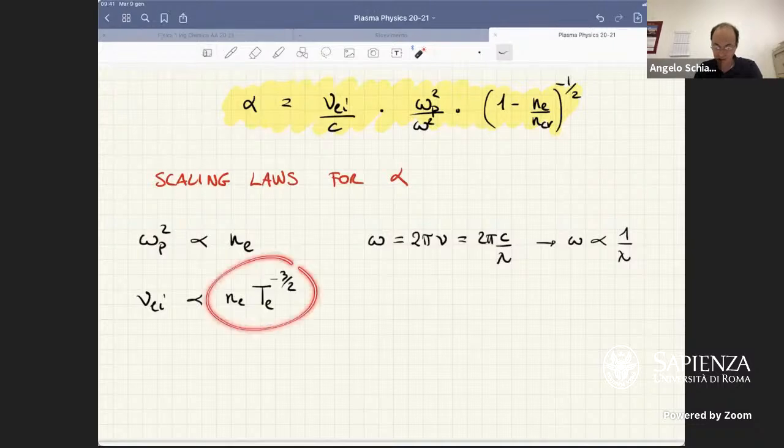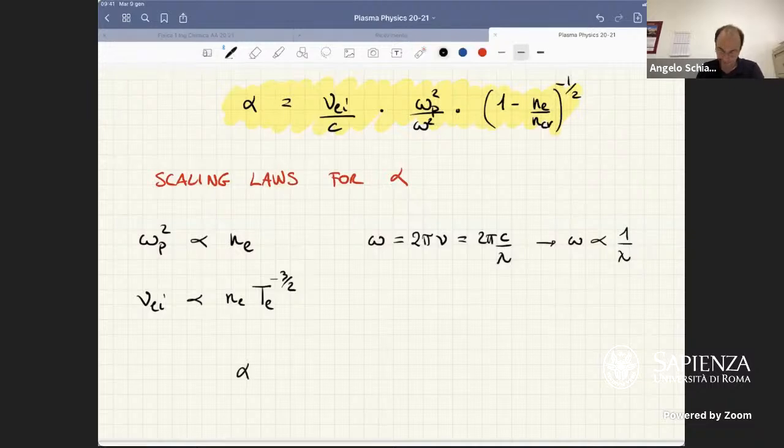So we plug everything in here. We have this dependence on the collision frequency, and we have this one here on the plasma frequency. Then we can state that alpha goes as a constant factor in front that, as always, is collecting all the physical constants like C, like epsilon naught, like the mass that is contained inside the plasma frequency.